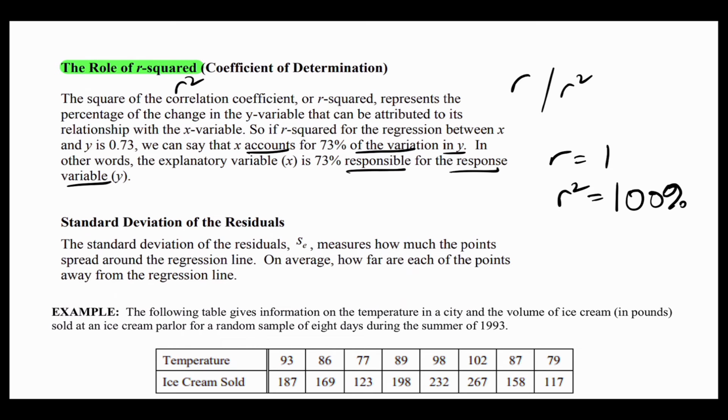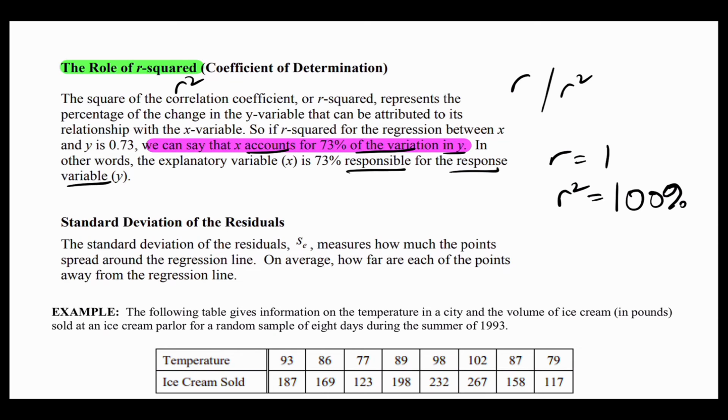So the key word here, because most likely this is going to be a multiple choice question, I'll tell you how to solve these. If it talks about R squared or coefficient of determination, look for the one that says accounts for the variation.